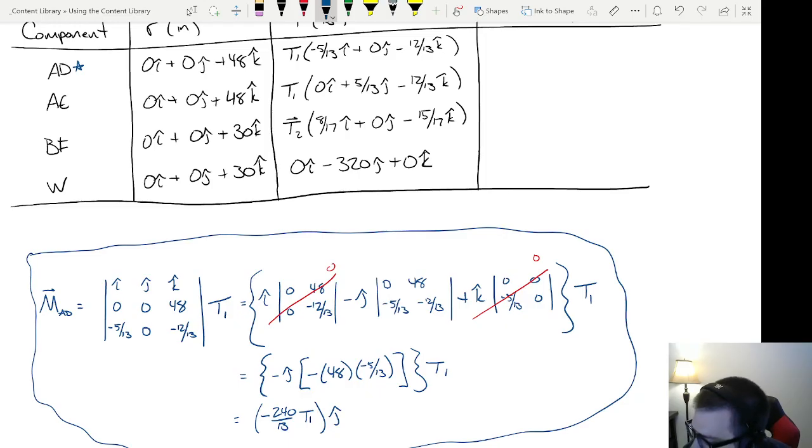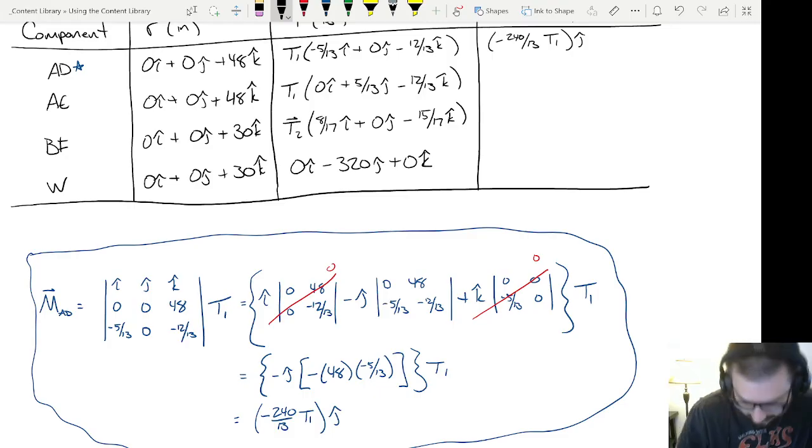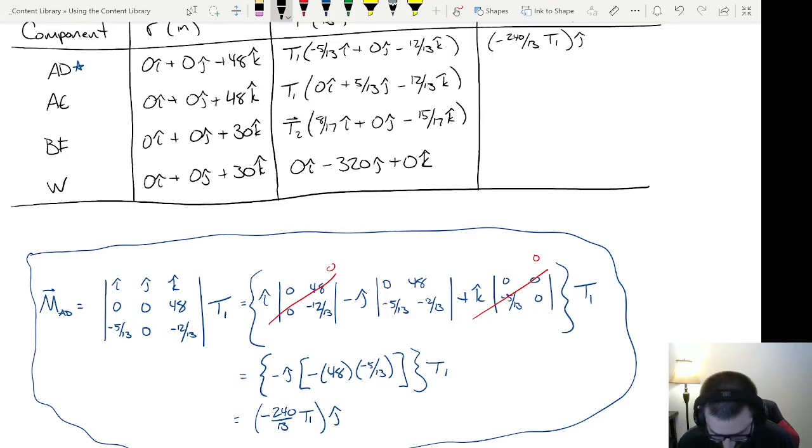So what I'm going to do here in this first row is I'm just going to write negative 240 over 13 T1 times J. Okay. So when I start writing the rest of the answers, I want you to understand where they came from so that you don't see how they just show up on the page. Let me go ahead and write the rest of those out so that you see what happens.